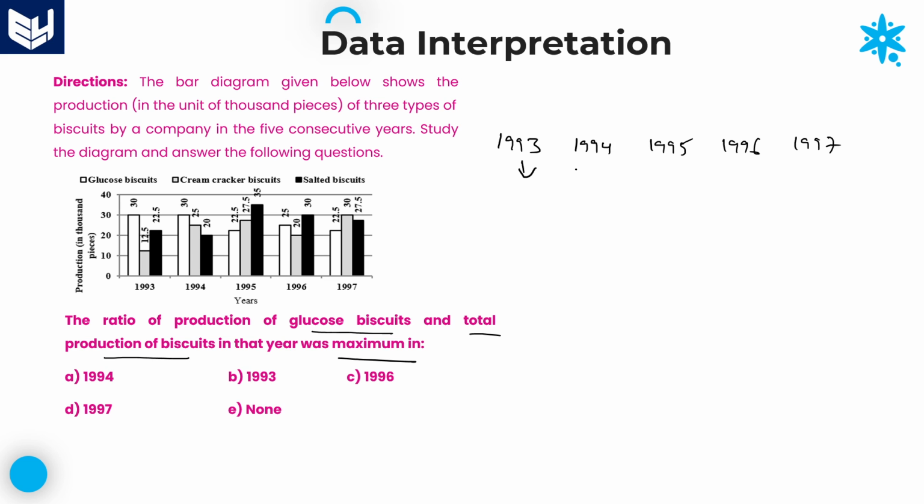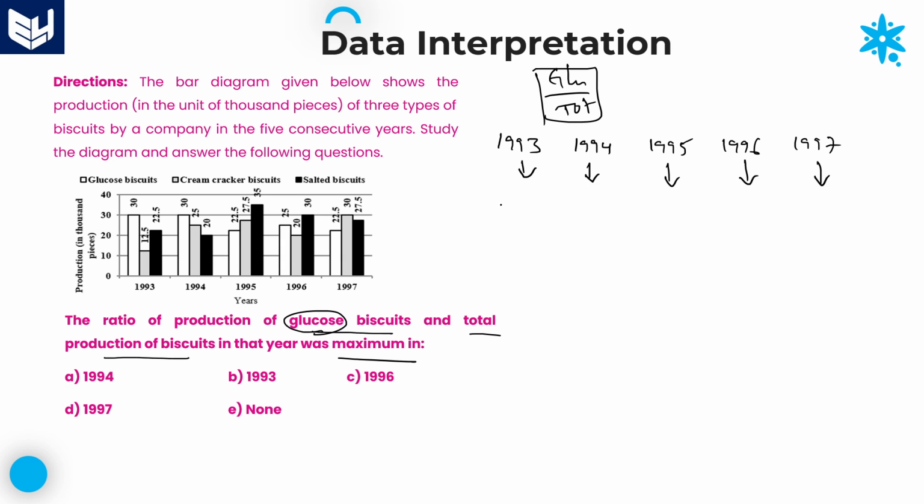As we already calculated the total values, there is no need to calculate totals again. First of all, the ratio of glucose to total production of biscuits should be maximum. Glucose by total, that is maximum for which year? That is the question he is asking about.